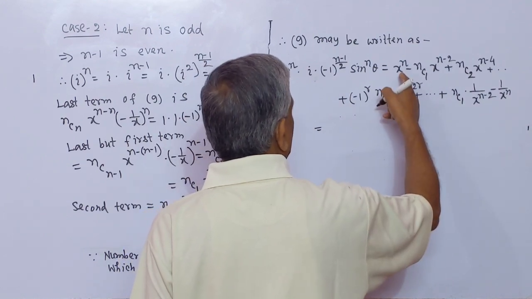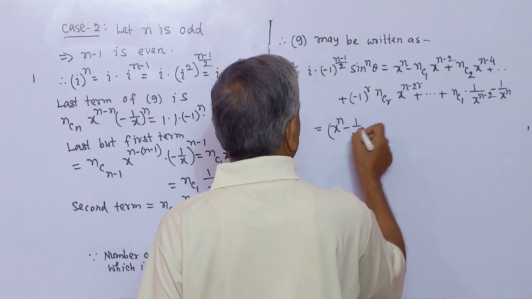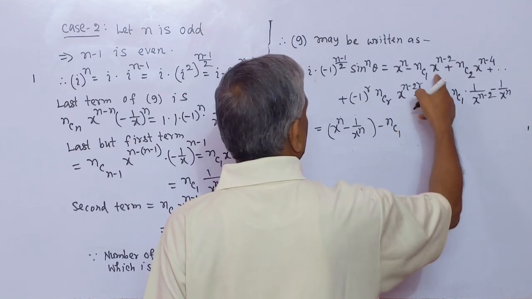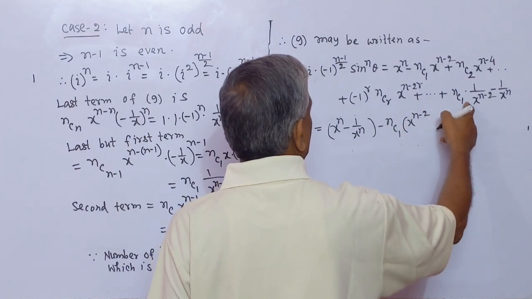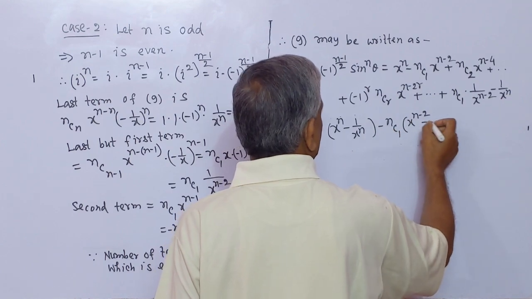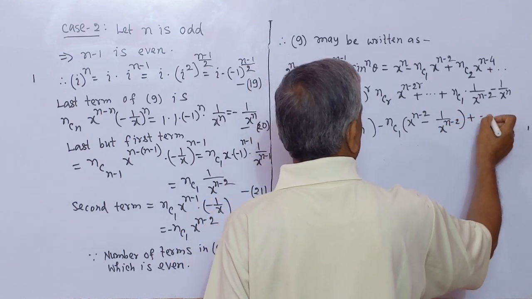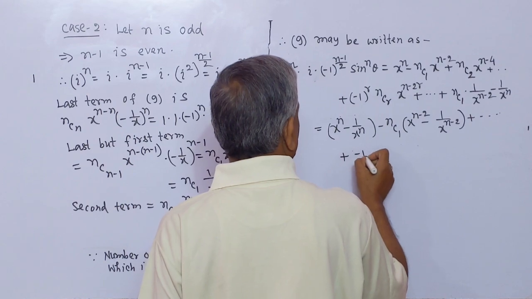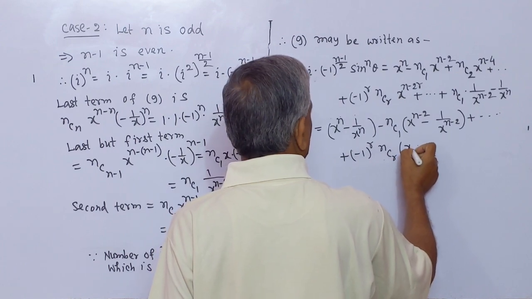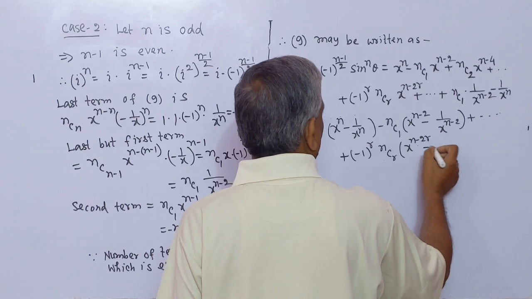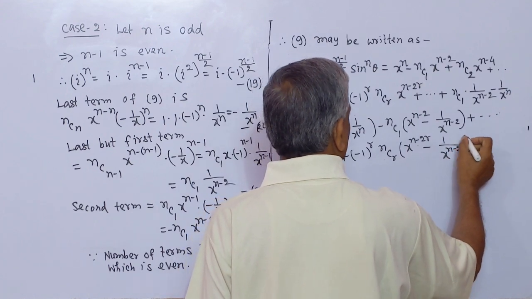Now we take first and last term: x to the power n minus 1 by x to the power n, minus nC1, here x to the power n minus 2, and here we have plus sign, here minus, so here we write minus sign 1 by x to the power n minus 2, plus dot dot dot plus minus 1 to the power r nCr, x to the power n minus 2r minus 1 by x to the power n minus 2r, plus dot dot dot.